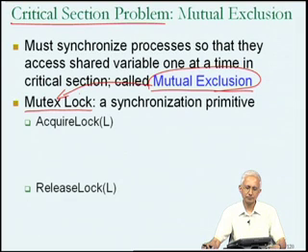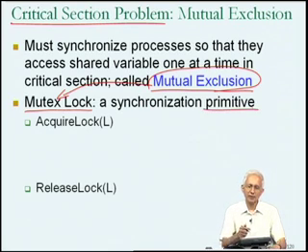Now, the general idea behind how one could use a mutex lock is that we can view it again as a data structure possibly provided by the operating system. The operations to this data structure are provided by the operating system. I'll describe the two operations on the mutex lock as acquire lock and release lock.